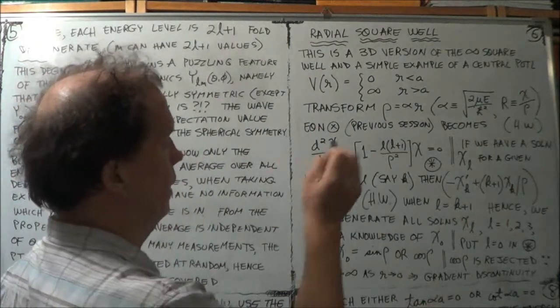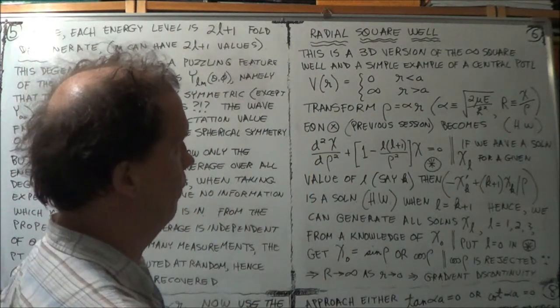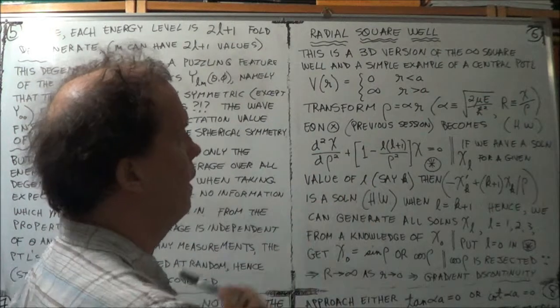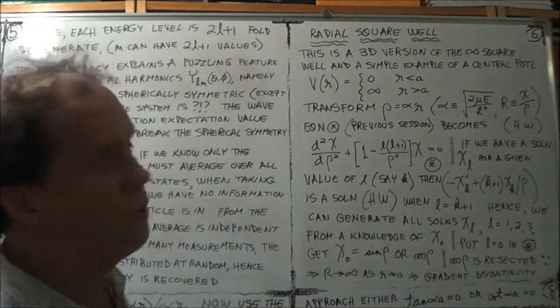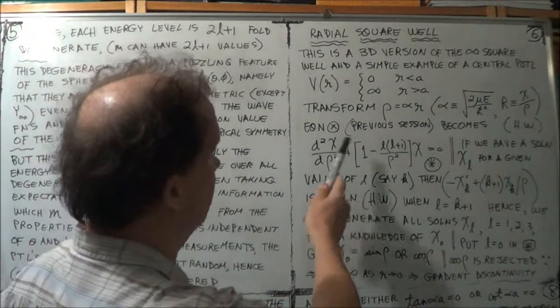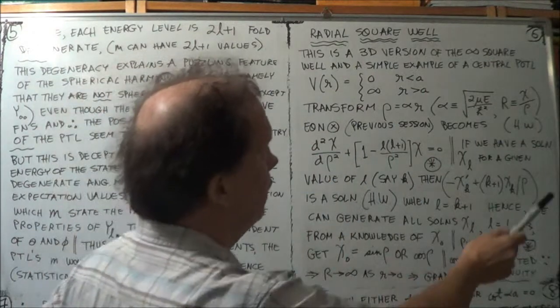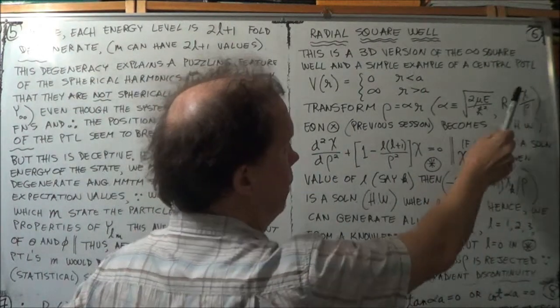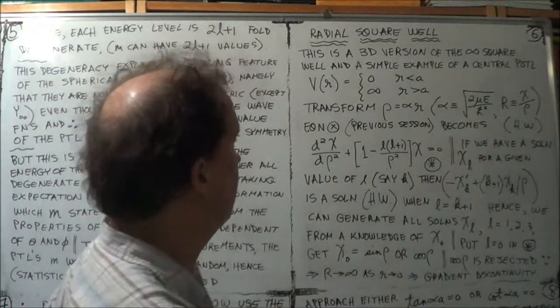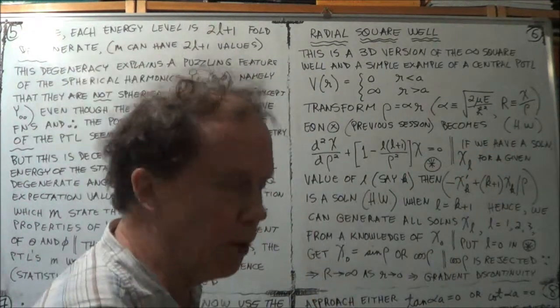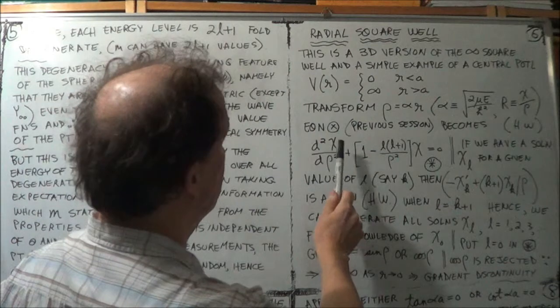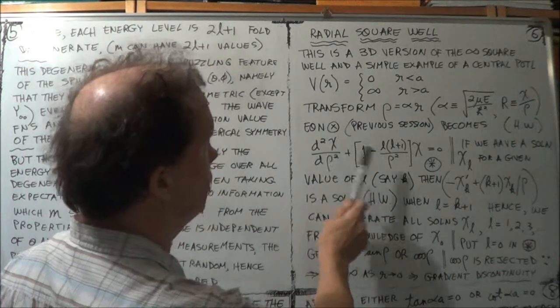And now we can tackle this and solve that. So if we can solve for chi, then we know what R is. I'll put it this way. This chi here will depend on rho.